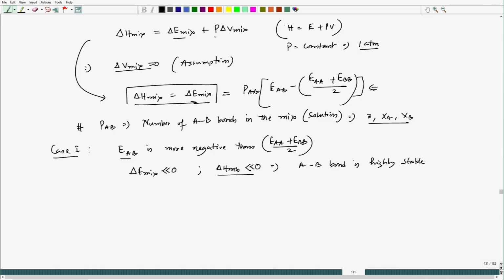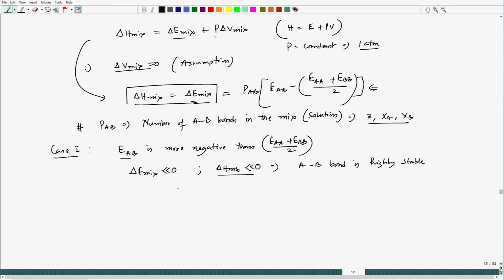Now, if it is an extremely high negative value, it means that A would always like to have a B neighbor, and B would also like to have an A neighbor, and they have such a strong interaction that they can form a kind of compound where the fraction of A and B in that compound could be a fixed number, or we can say a stoichiometric situation.